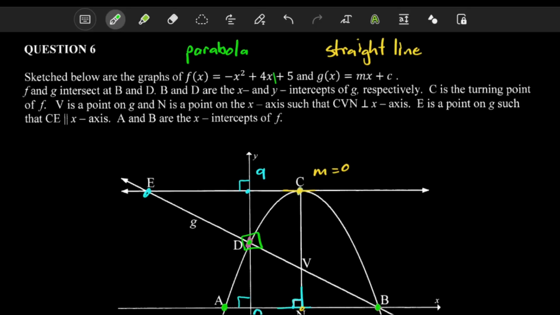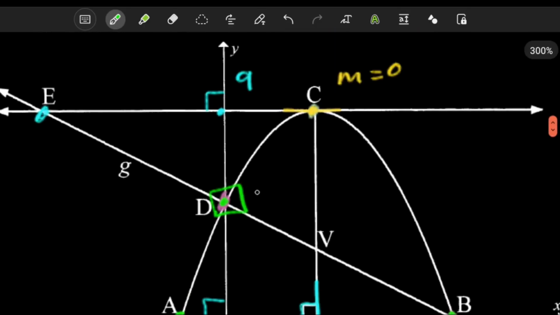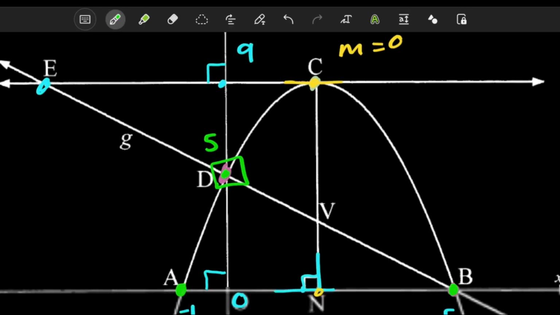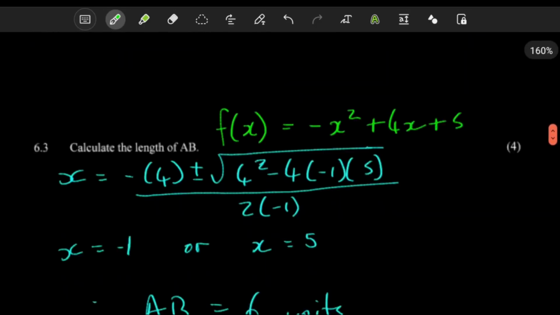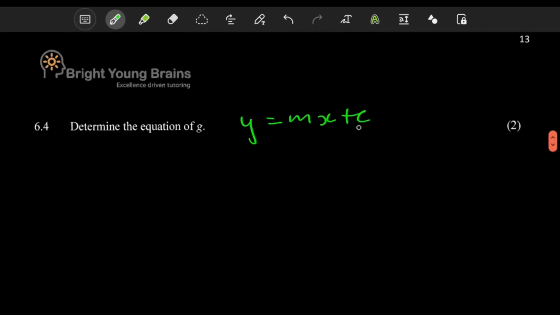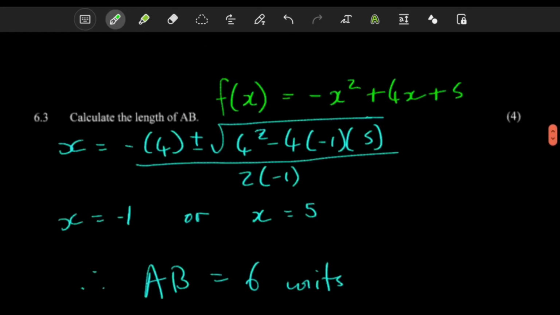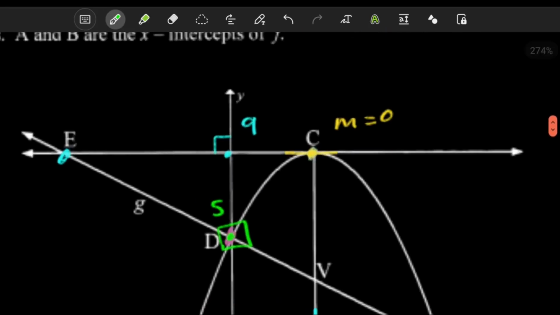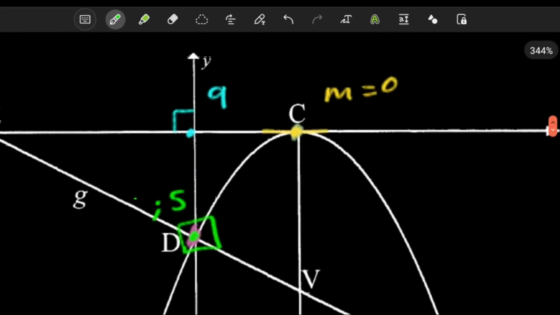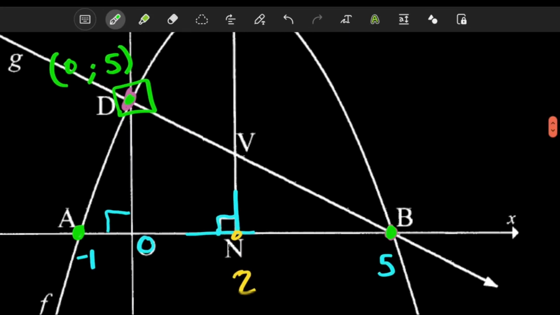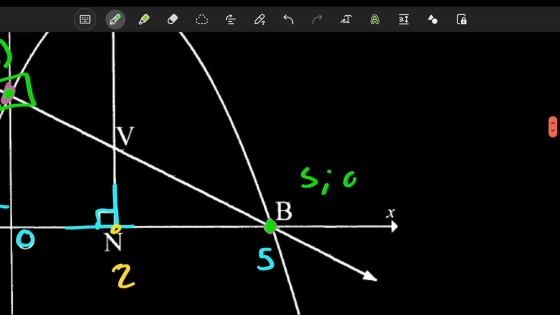So automatically it shows us, you see this 5 here, this 5 gives you the y-intercept of the parabola. So automatically we know that the y value of d is a 5. The x value is a 0, but the y value is 5. So that gives us the y-intercept here. So y is equal to mx plus 5. So far we just need the gradient, and to get the gradient, fortunately we have 2 coordinates that the graph passes through that we can use: 0 coordinate 5 here, and b, we know it is 5 coordinate 0.